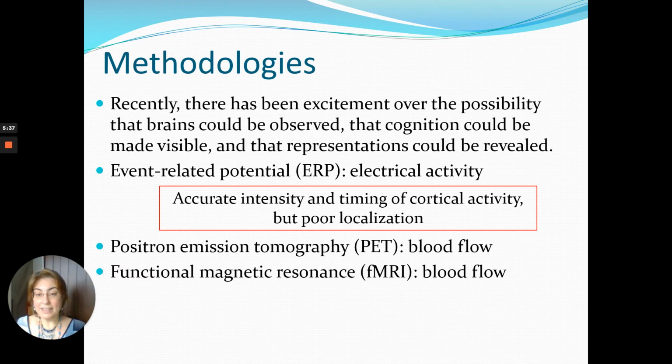The problem is that there's poor localization of the activity, because electricity is hard to contain. Once one area is activated, electricity has the tendency to spread to other areas that might look like they are also activated, but it might be just a side effect of the area that is actually needed for that particular activity.